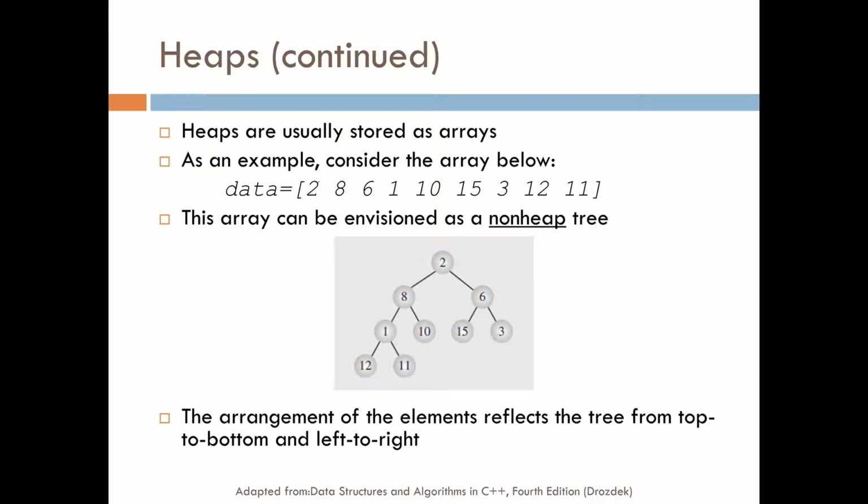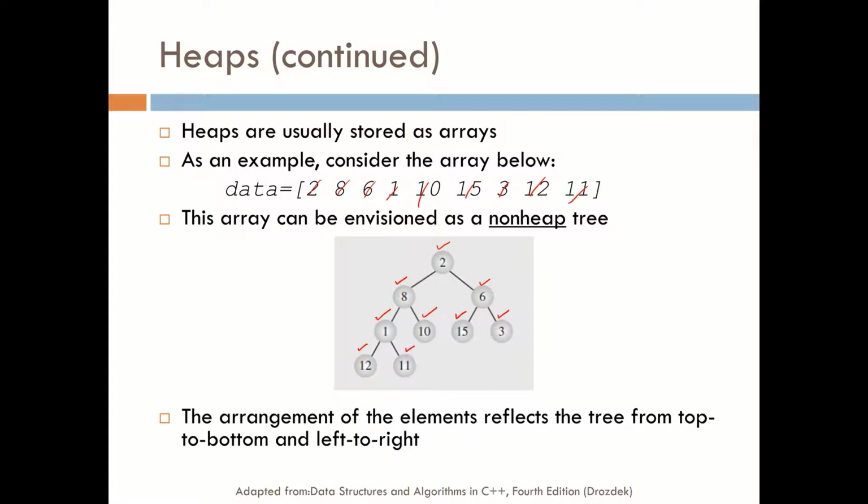For instance, we take 2 and we place it here, and we take 8 and we make it 2's left child. We take 6 and we make it its right child, and so on. 1 is next, and then 10 and 15, and then the 3, and finally the 12 and the 11.